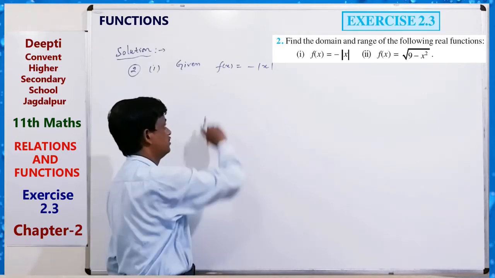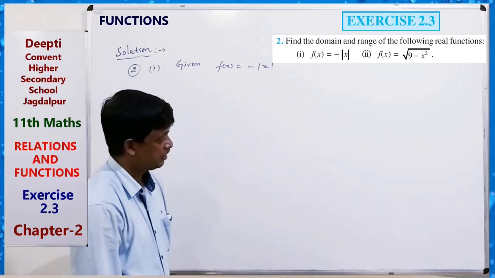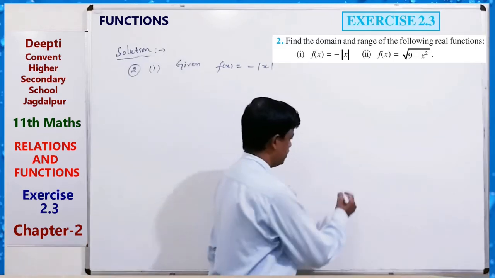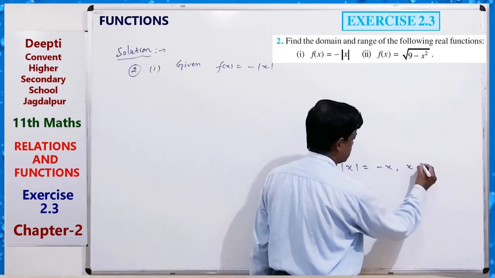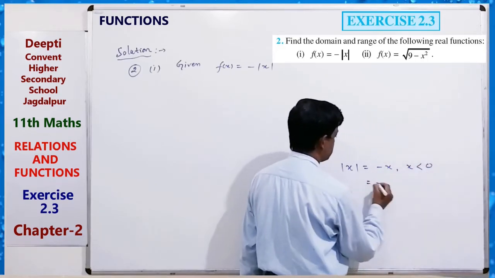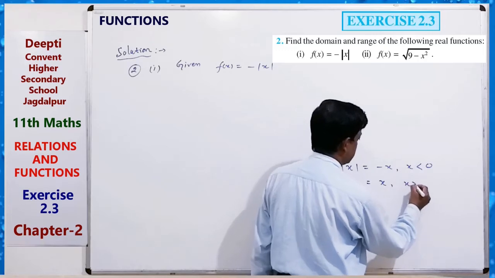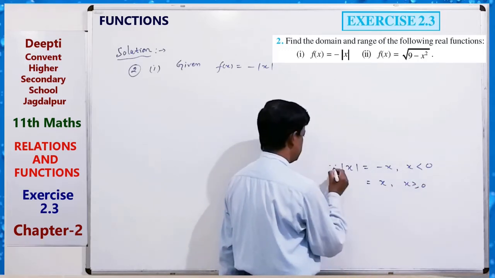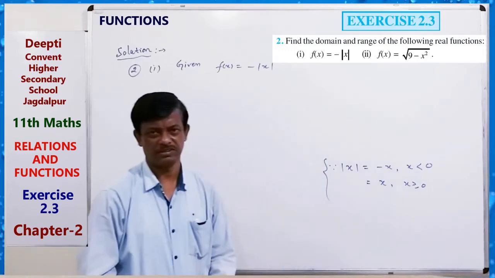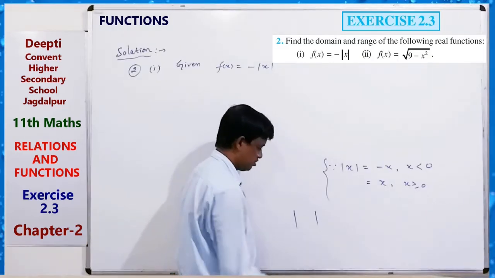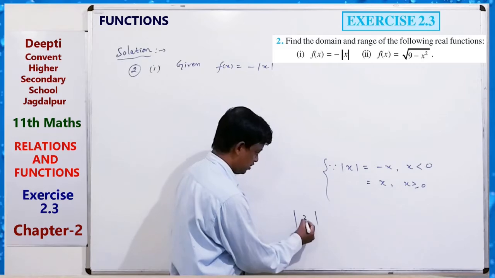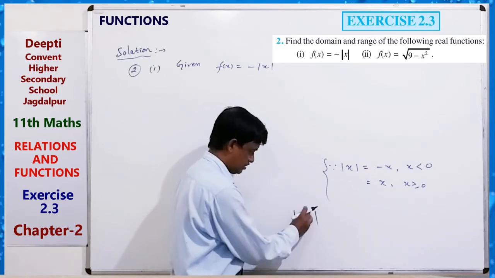See here, I am giving the definition of mod x. Minus x if x is less than 0, and x if x is greater than or equal to 0. Just note this down, that is the modulus.